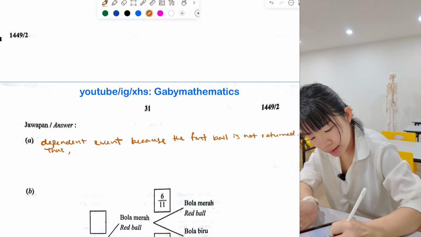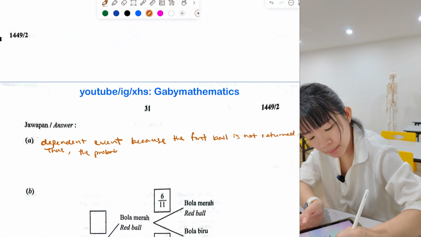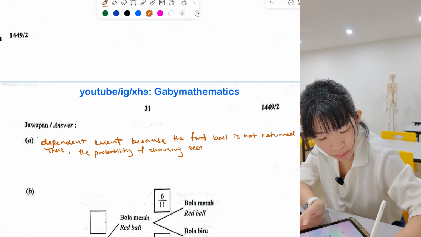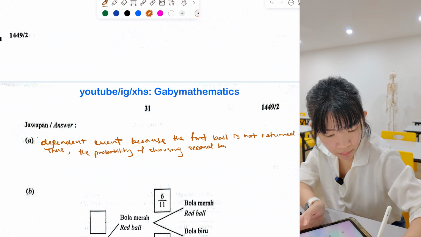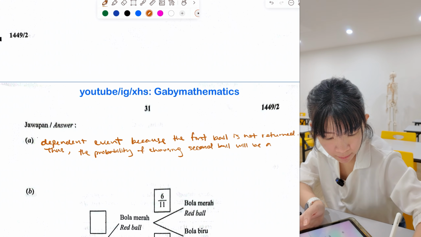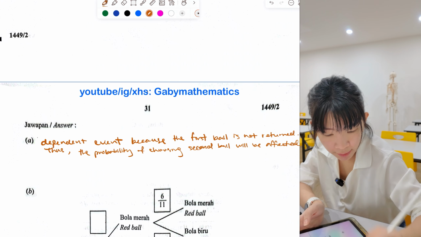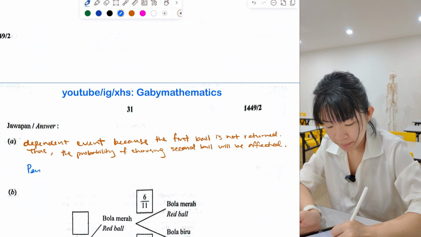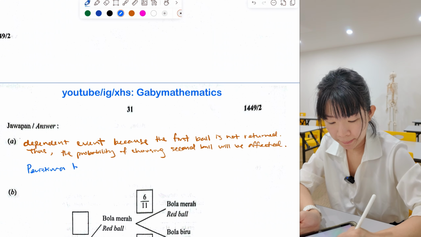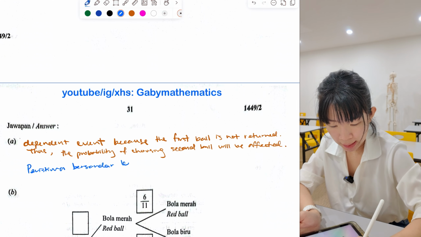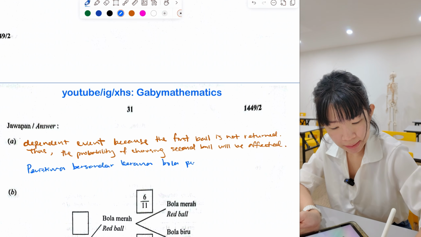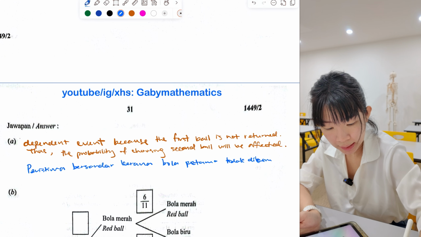Thus, the probability of choosing the second ball will be affected. So that's why it is called dependent event. BM students, so this is called peristiwa bersandar, kerana bola pertama tidak dikembalikan.